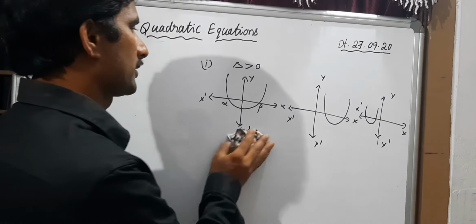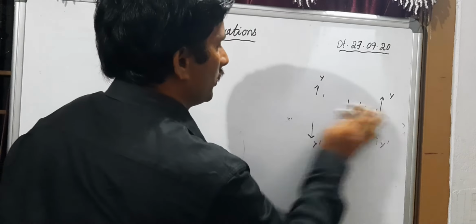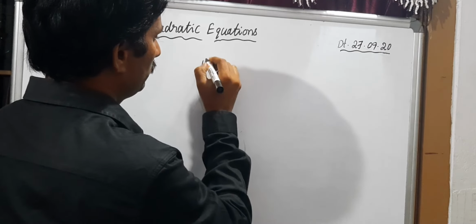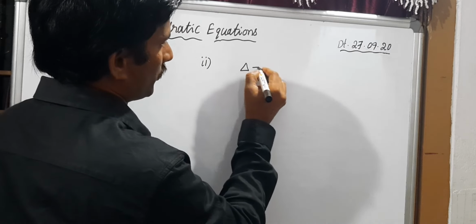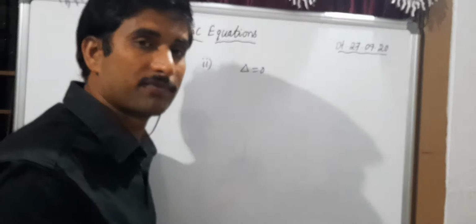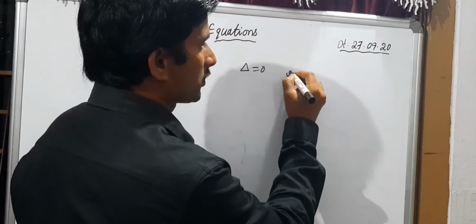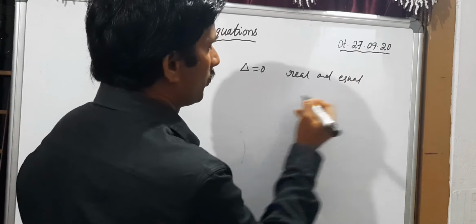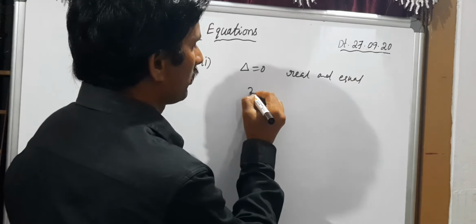Now the second case: if delta is equal to 0, then the roots are real and equal. That means b square minus 4ac equal to 0, and the roots are minus b by 2a, comma, minus b by 2a.